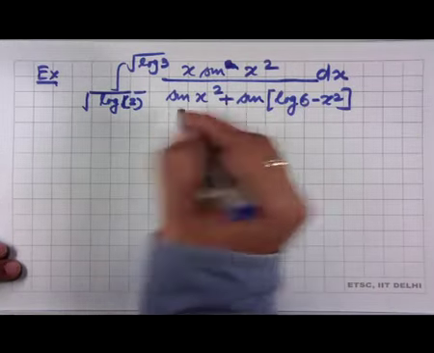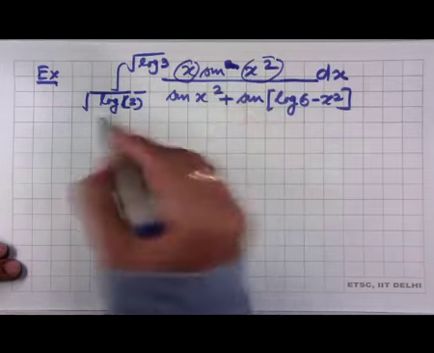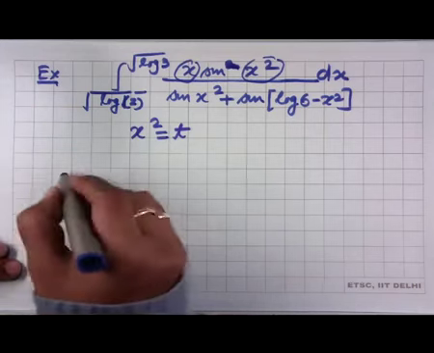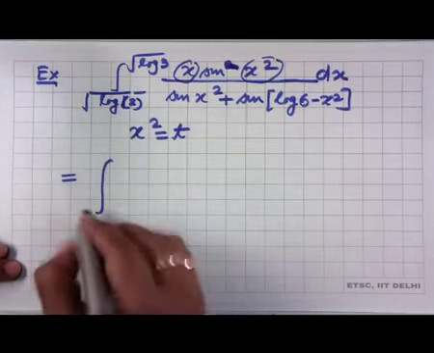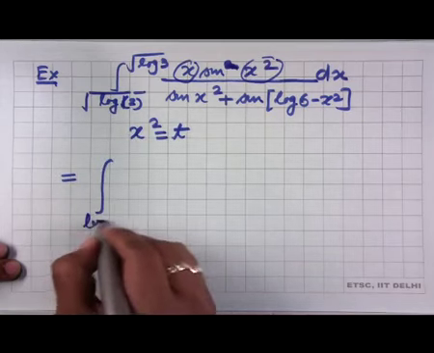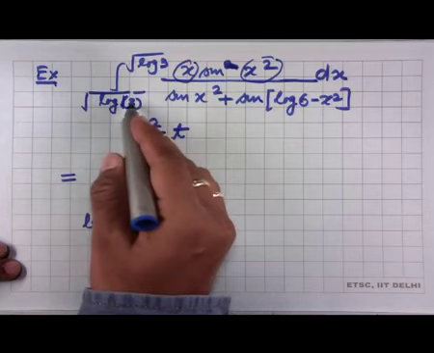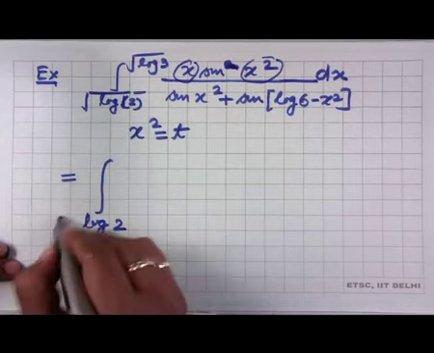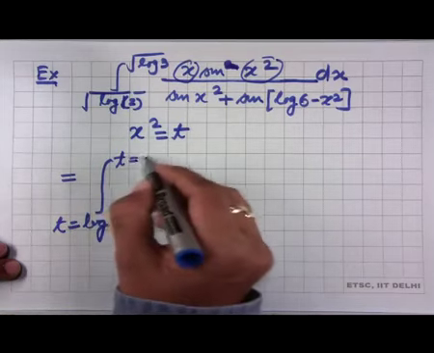Since you see that x square is there and x is here in the integrand, if we take x square equals t, that will ease our computation and limits will be freed from square. So if x is under root log 2, you get log 2 as the value of t, and the upper limit will be t equals log 3.